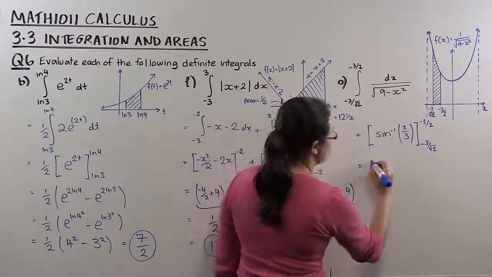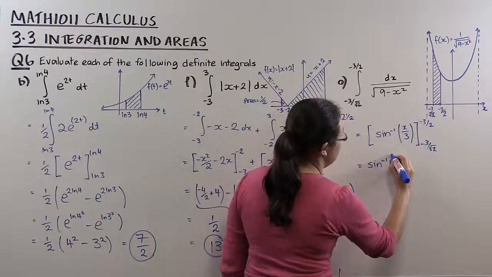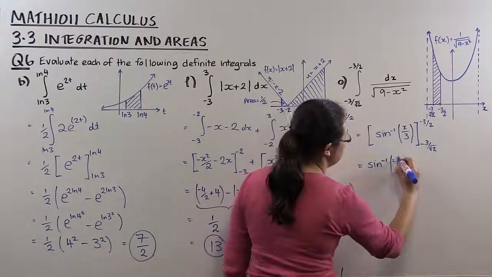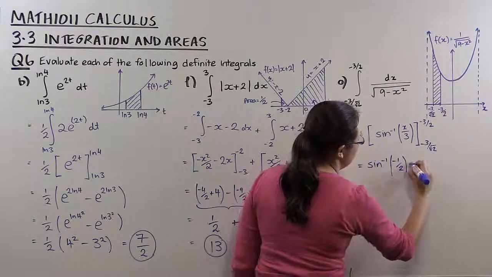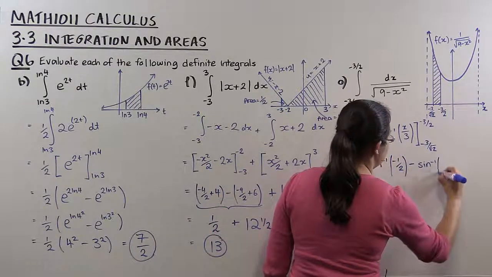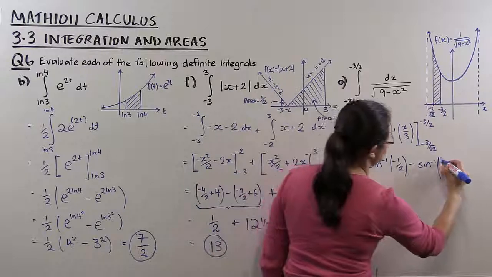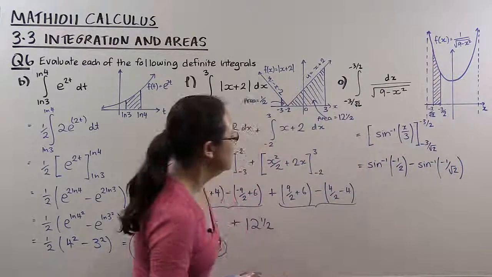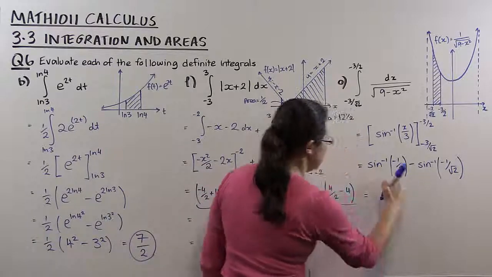Substituting in our limits, we'll have inverse sine of minus 3 on 2 divided by 3, which is minus a half. And we're going to subtract inverse sine of minus 1 on root 2 there. Okay, so we just need to calculate this.